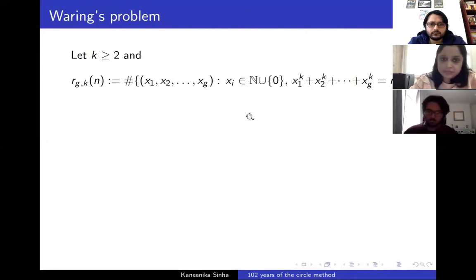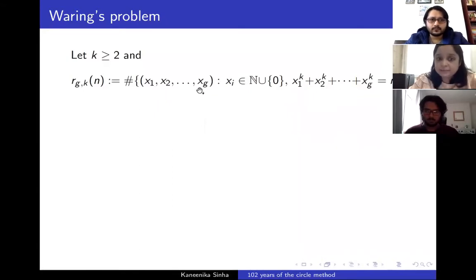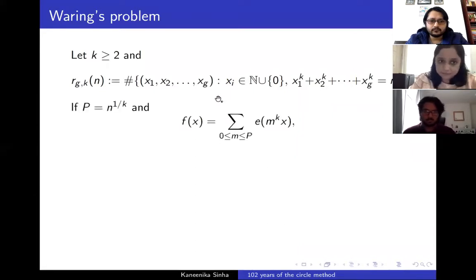Okay. So by including 0, what we are saying is we are trying to find out in how many ways n can be written as the sum of at most g numbers of kth powers, as opposed to exactly g numbers of kth powers. So obviously, each x sub i definitely has to be less than or equal to n raised to the 1 by k.